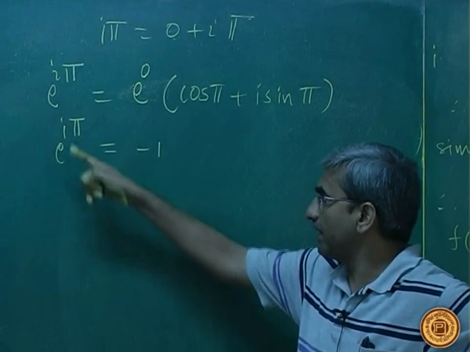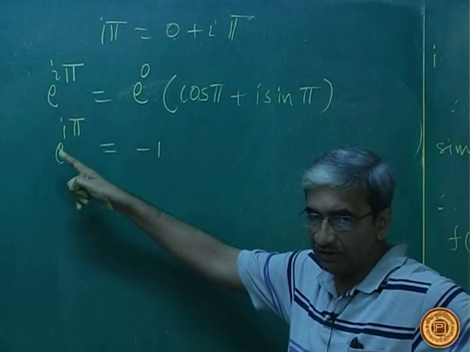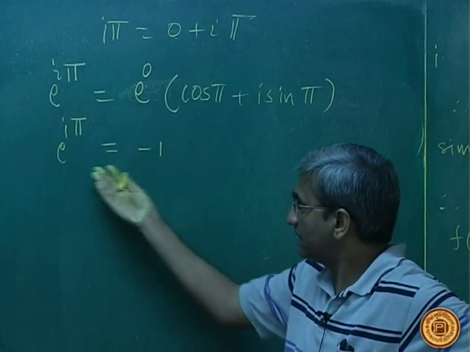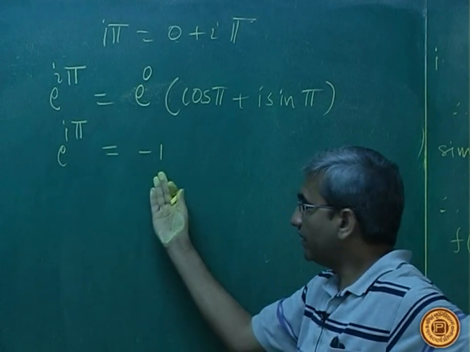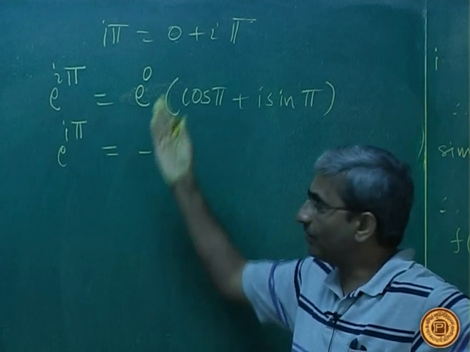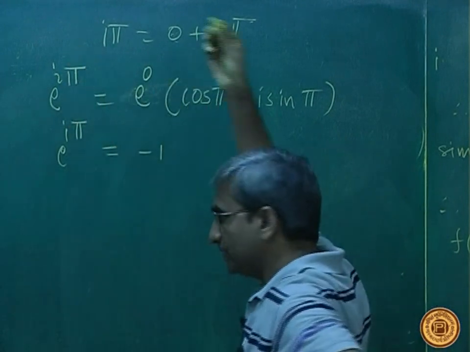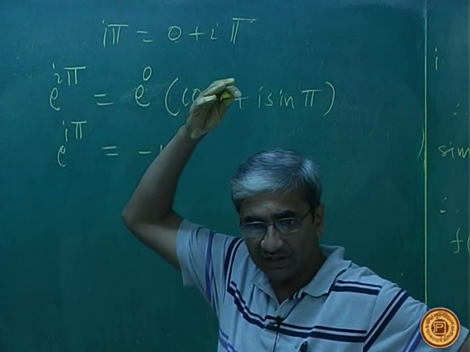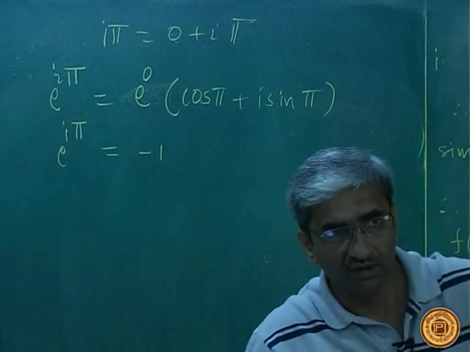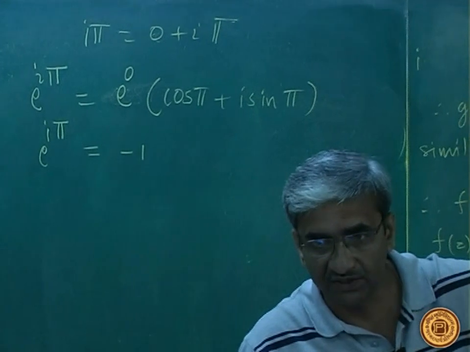When we are considering the complex exponential function, this equation suggests that it may come out to be negative. So e to the power of some complex number may come out to be negative, whereas our e^x was always positive. So the differences have started emerging now.